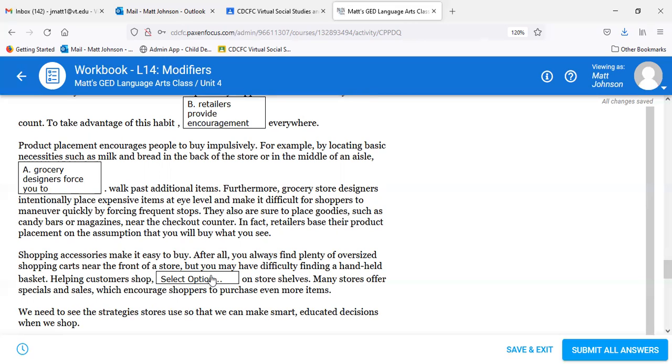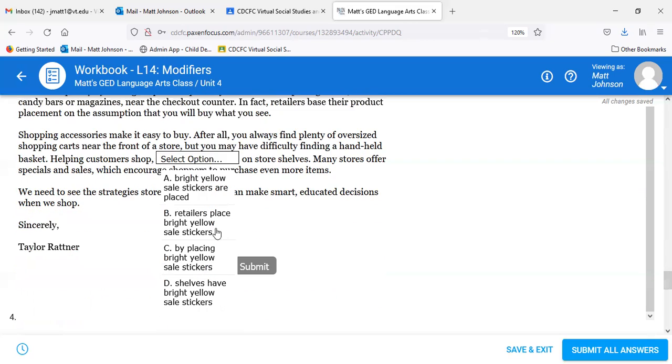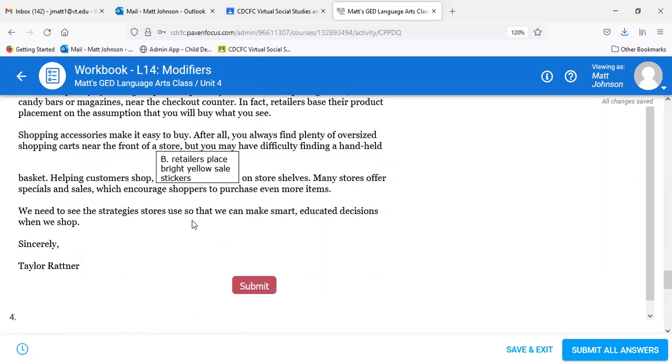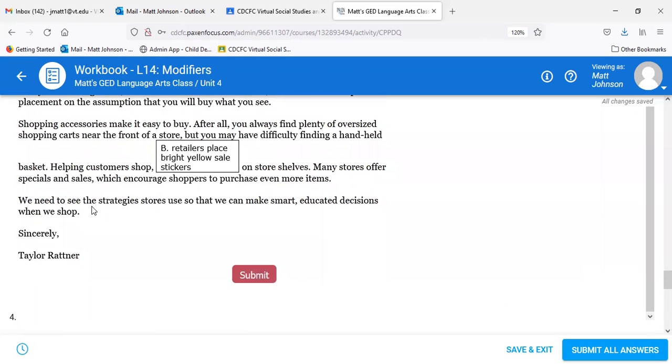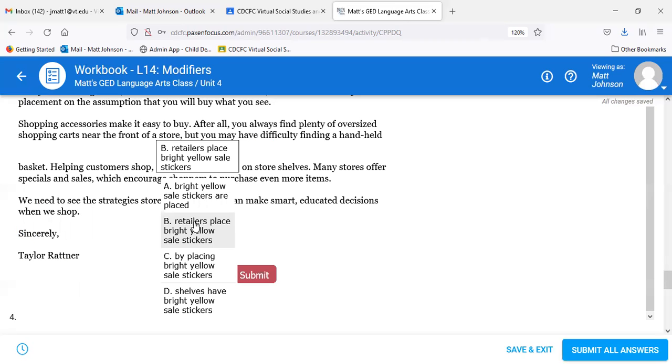Helping customers shop. B, retailers place bright yellow sale stickers on store shelves. Again, retailers, that's the subject. Who's helping customers shop? That's the retailers. Retailers place bright yellow sale stickers on store shelves.